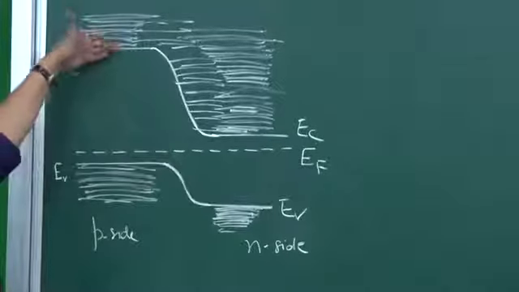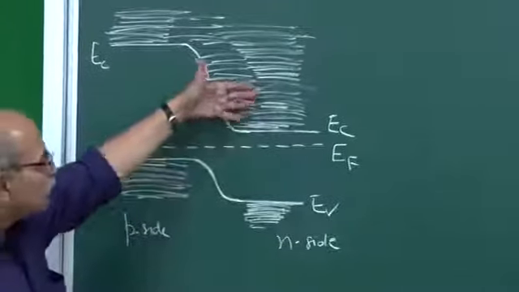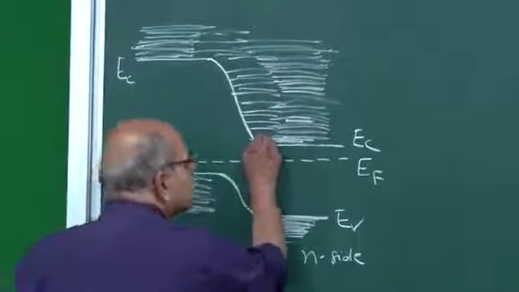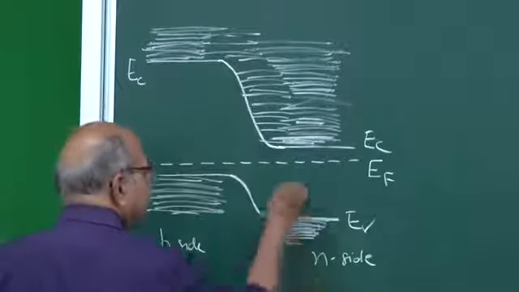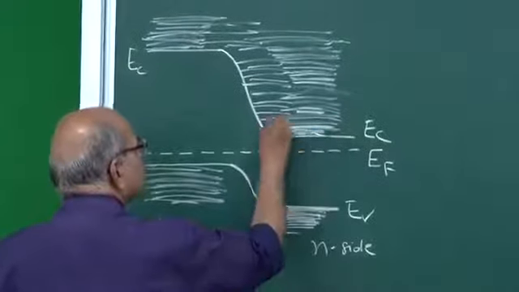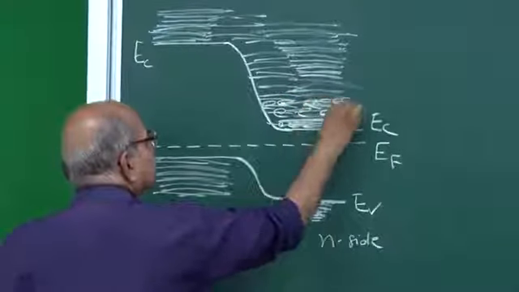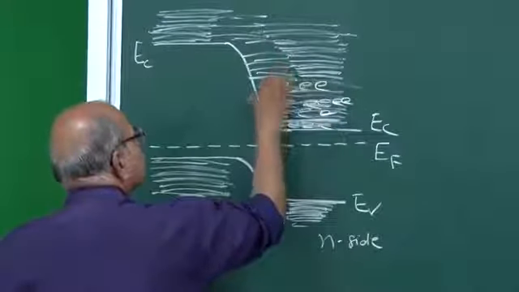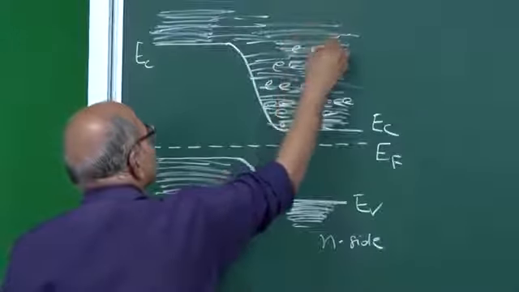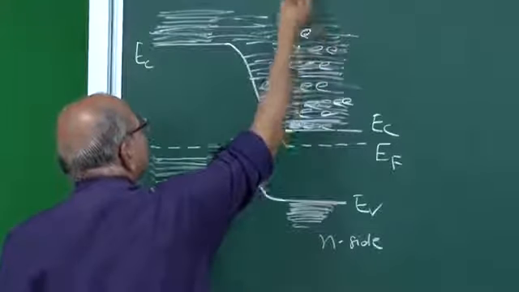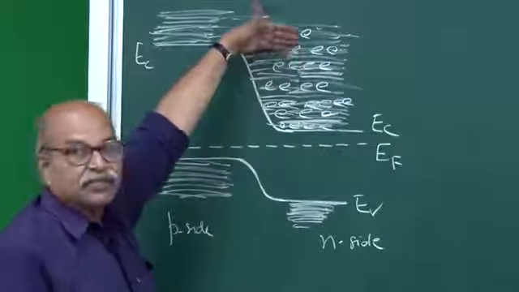And then for example here, or here, or here, you can ask what is the probability that there is an electron here. We discussed all those things, and we found that on the n side you will have a large number of electrons, and then as you go up in energy, the number of electrons per unit energy will decrease. Most of the time, if you are quite far from EF, this decrease is exponential.